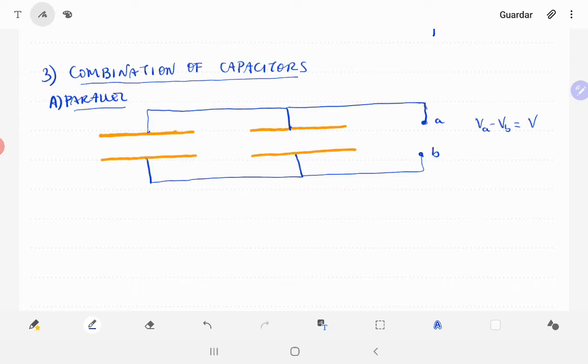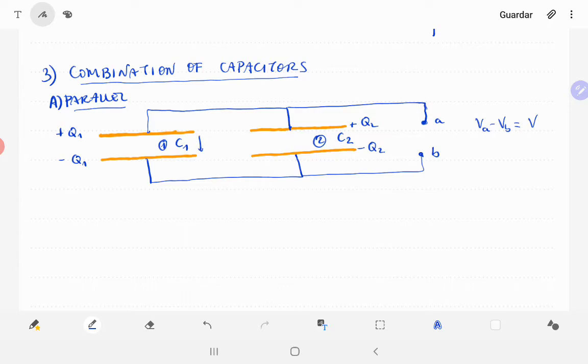Okay, the first capacitor I'm going to call number 1, and it has a charge plus Q1 and a charge minus Q1, and the second one, labeled number 2, has plus Q2 and minus Q2. In principle the first has capacitance C1 and the second has capacitance C2.